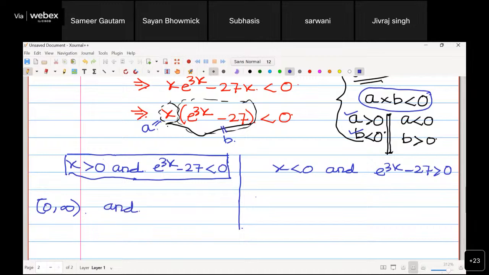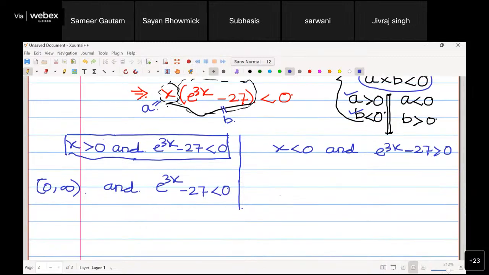And from here, I want e to the power 3x minus 27 to be less than 0. That means e power 3x should be less than 27.